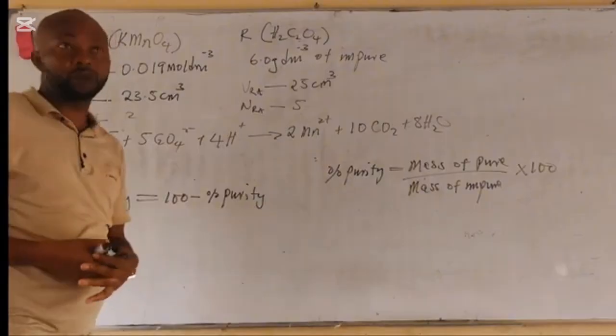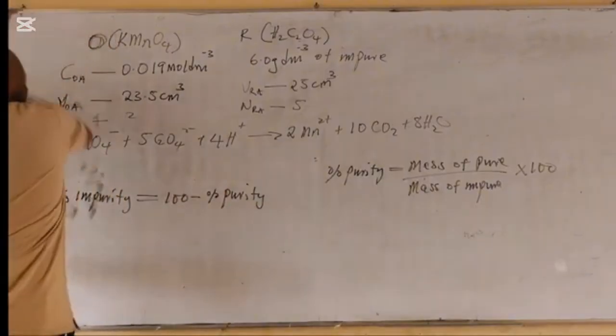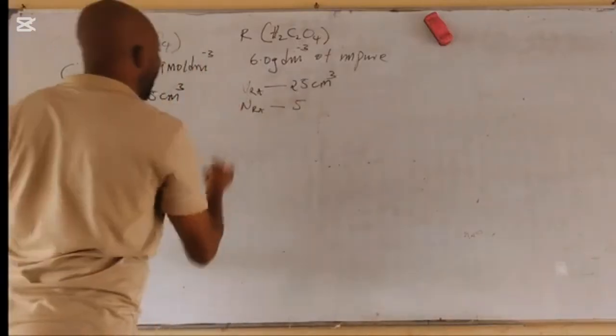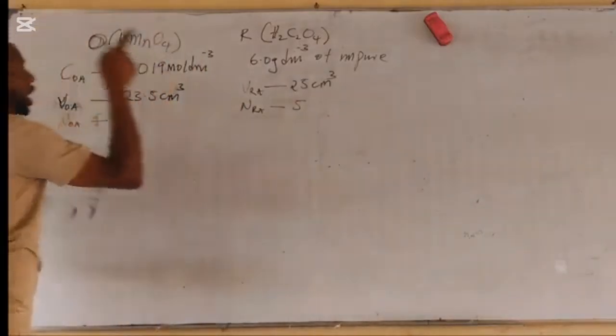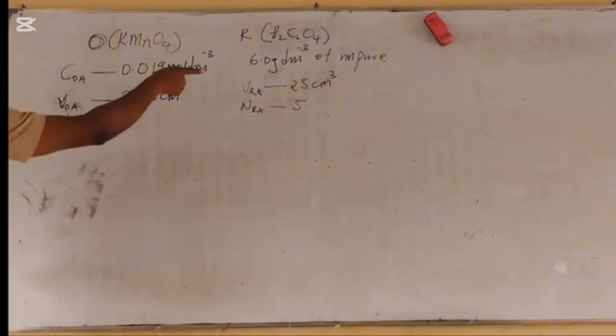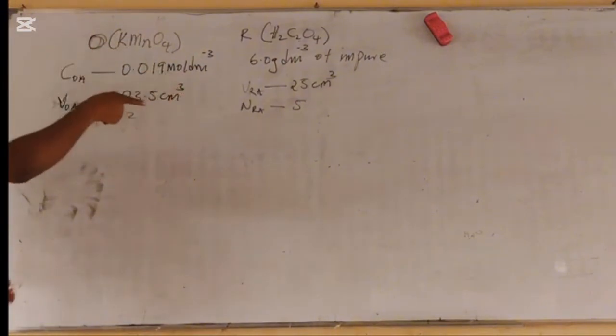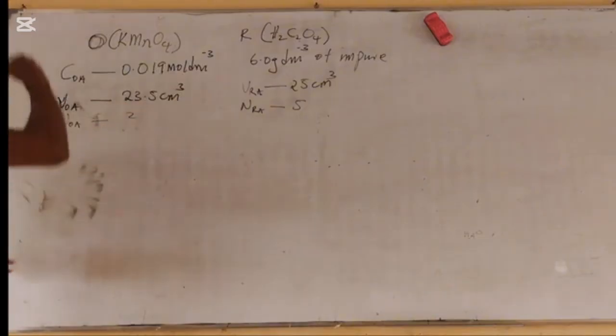So let's begin with the calculation. I want to get the molar concentration of the ethanedioic acid so that I can get the mass concentration of the pure ethanedioic acid.